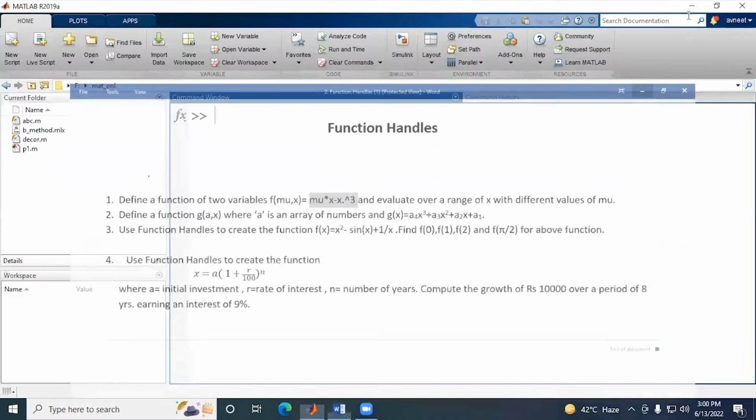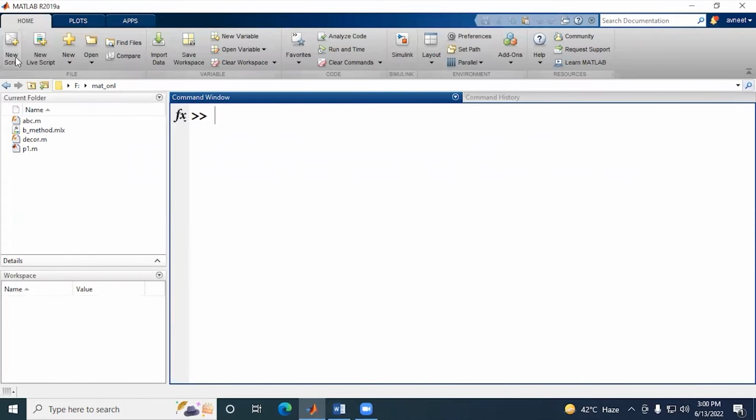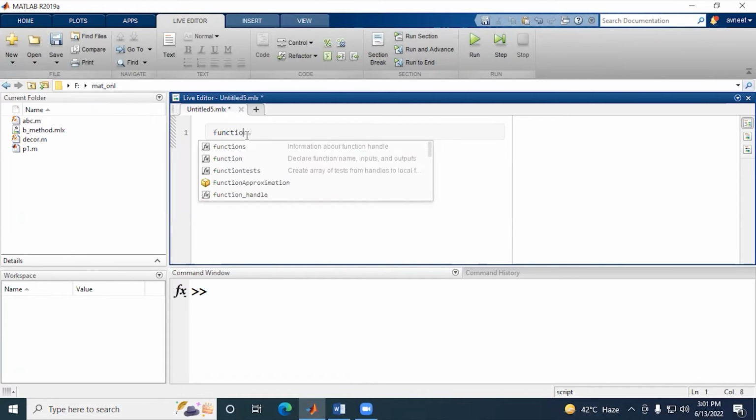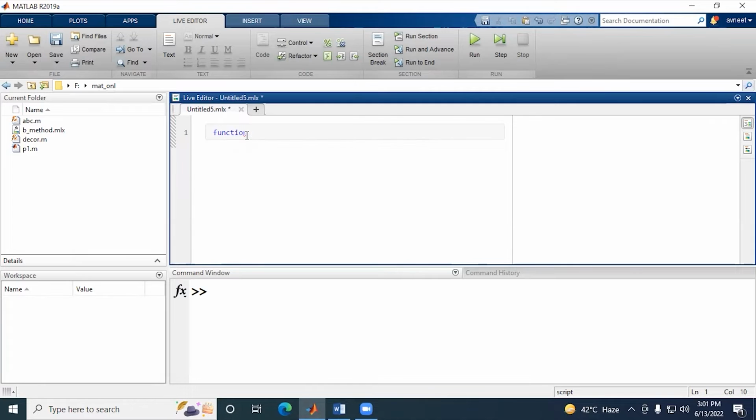Let me open my script window, live script or normal script, it's up to you, both work the same. This is the first question. Function y equals, let me take y as my output argument and f is my function name.